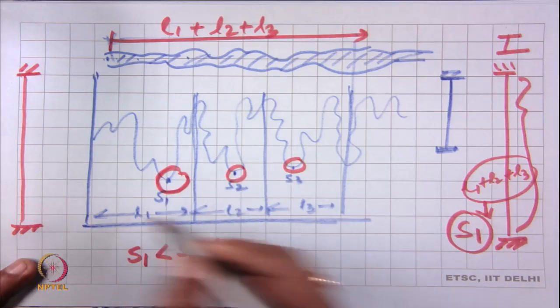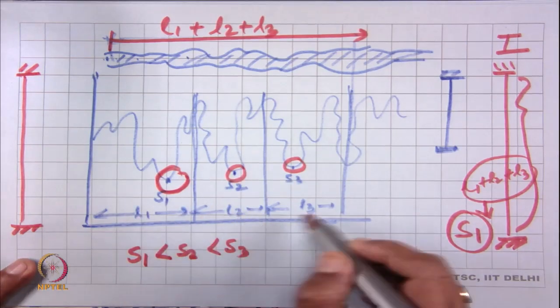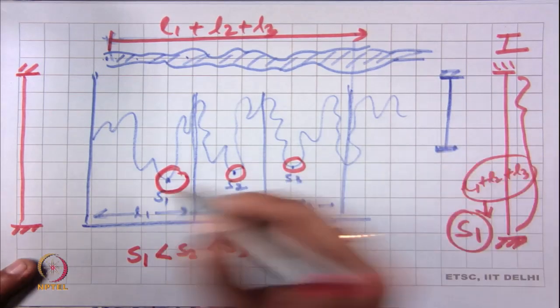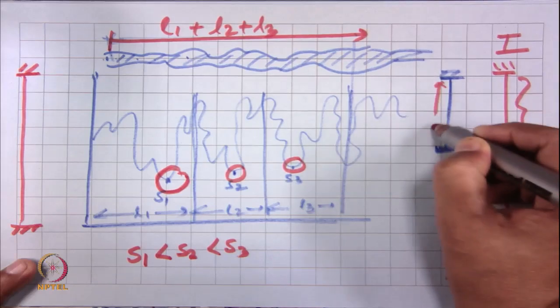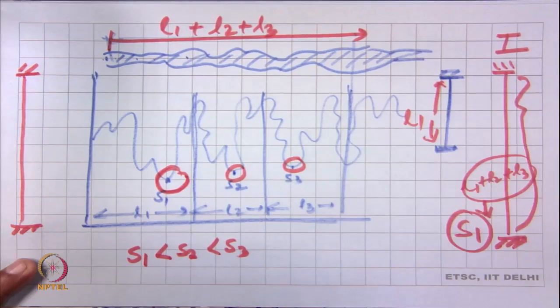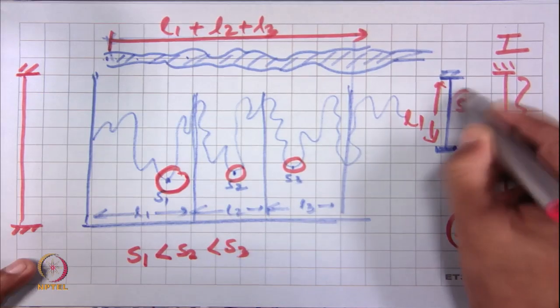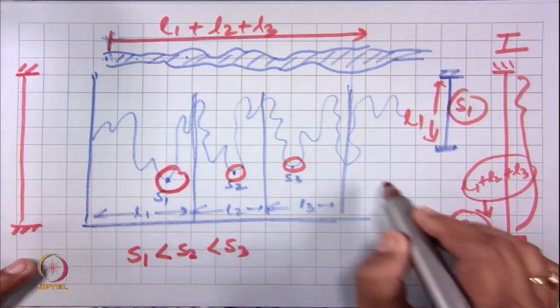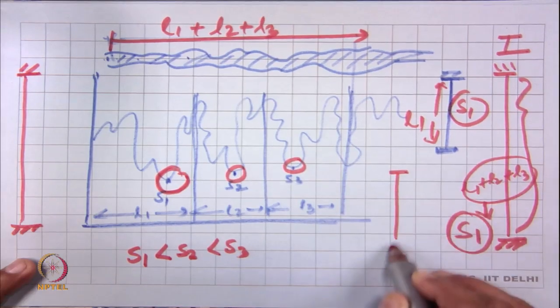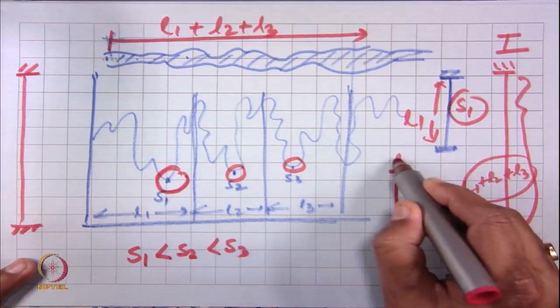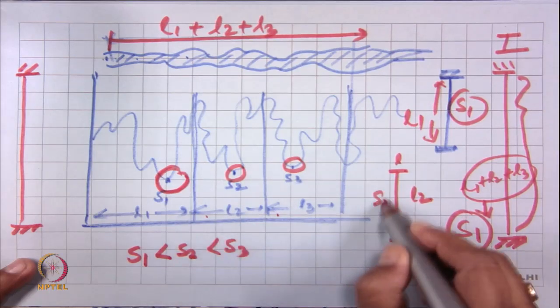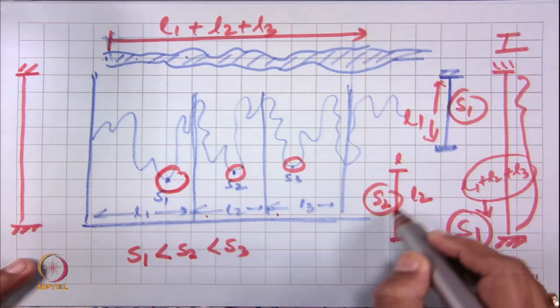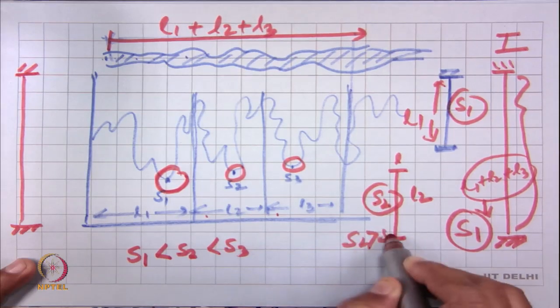So, this is L1, L2, L3. Now, if we test L1 here, what will be the strength? Again the strength should be S1, the lowest. Now, if we test say L2, then the strength will be S2, which is more than S1.